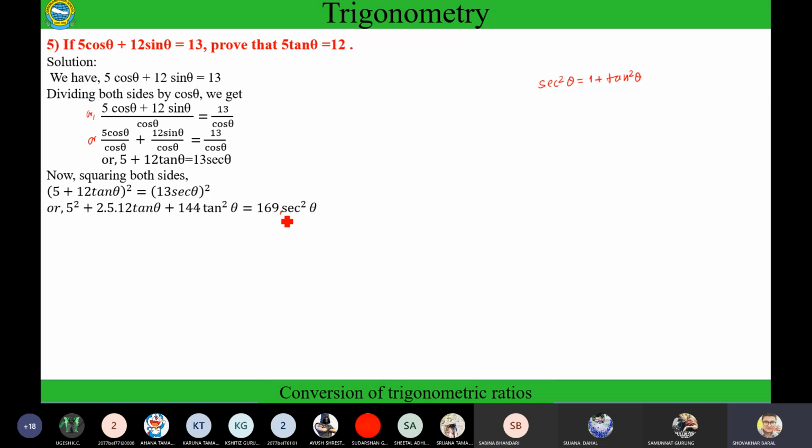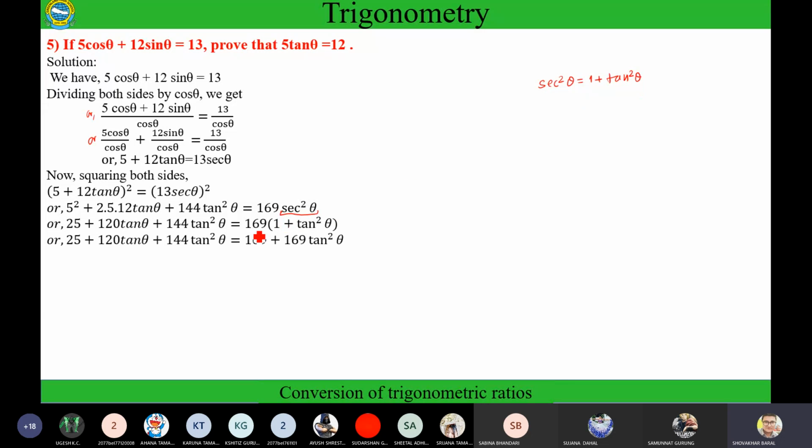So now let's convert this sec square theta in terms of tan square theta. 25 plus, 2 times 5 is 10, 10 into 12, 120 tan theta plus 144 tan square theta is equals to 169 times 1 plus tan square theta. I am converting this sec square theta in terms of 1 plus tan square theta.